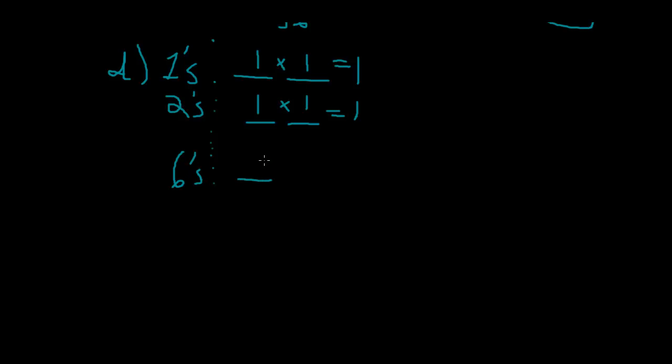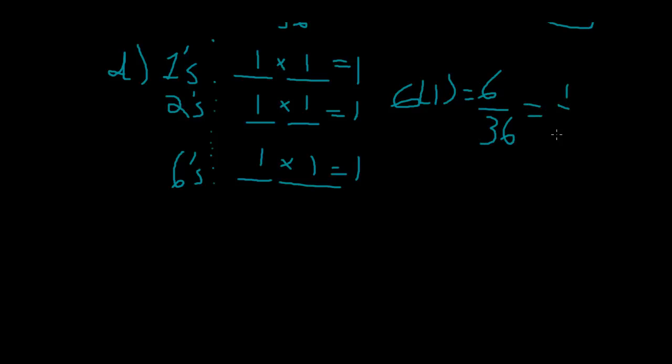The first die has to be a 6, and the second die also has to be a 6. So there's 1 possible outcome. So each of these has 1 possible outcome, and there's 6 different scenarios that we want. So 6 times 1 is 6. Out of the 36 possible outcomes means there's a 1 in 6 chance that this happens. So that's the answer for part D, 1 over 6.